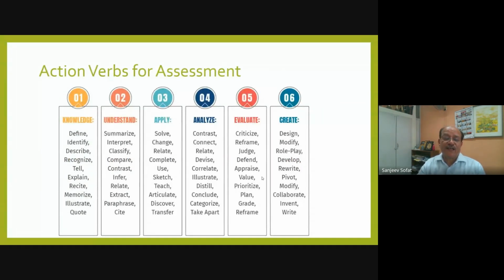Maybe this is again on a similar slide, which defines what sort of words we use for assessment purposes: knowledge, understanding, apply, analyze, evaluate, create. These are some of the verbs. Maybe this depends upon the subject which you're teaching.